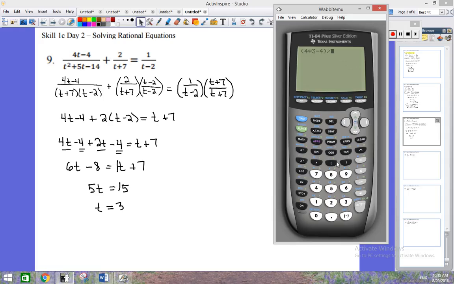Now, that's going to be divided by, and again, in parentheses, 3 squared plus 5 times 3. Most of this arithmetic we could have done, but it gets people a chance to see how to plug it in their calculator and how you're supposed to use parentheses in your numerators, denominators, and when to.